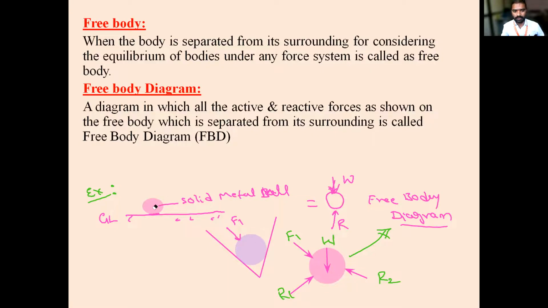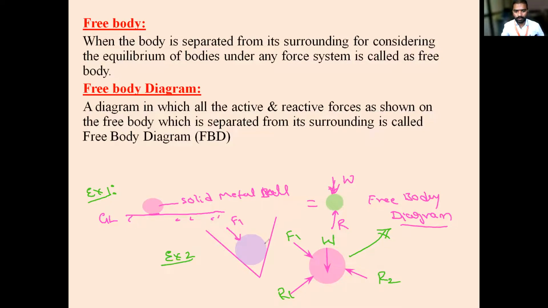When you are showing in the free body diagram, the same solid body is shown like this, and there is a weight W and R is reaction. This is example 1 and this is example 2.